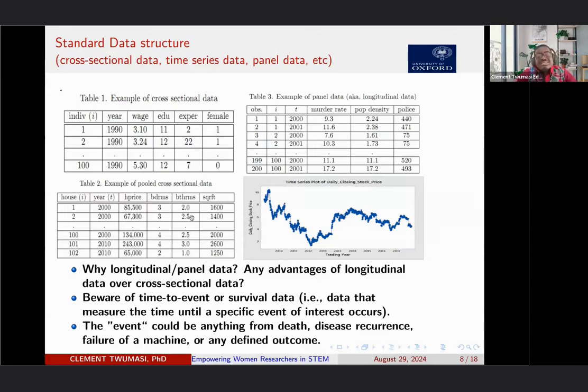So in the classical cross-sectional data, each row corresponds to a particular individual, where a series of information was collected at a single time point or within the same time frame for those groups. But in situations where the time frame changes from certain individuals to others, even though each row corresponds to a particular individual, that data is called a pooled cross-sectional data.